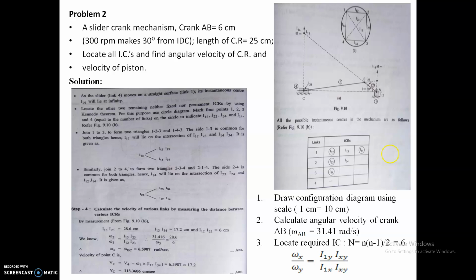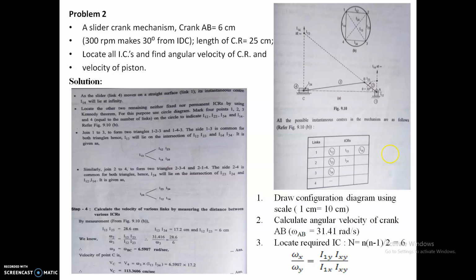Okay, so let us see the problem. So here one is fixed one, second one is crank, the third one is connecting rod, and the fourth one is the slider, which I have given the notation as C. IC is formed by link number 1 and 2. It is I12. It is always at the contact point, or we can say the joining point or intersecting point.